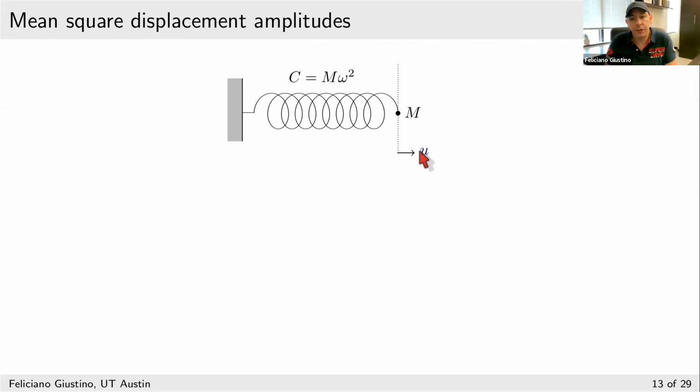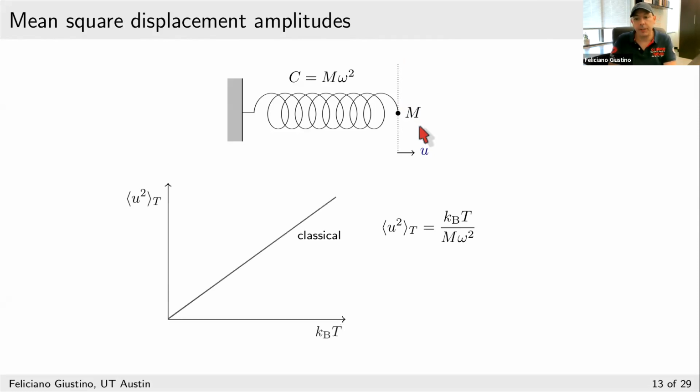So the question now is, what is the average displacement at a given temperature? Well, if you consider the spring, you can clearly guess that the average displacement per se will be 0, because the number of times the spring finds itself on the right of the equilibrium position will be equal to the number of times it finds itself on the left. So the first term that is going to be non-zero must be the quadratic displacement.